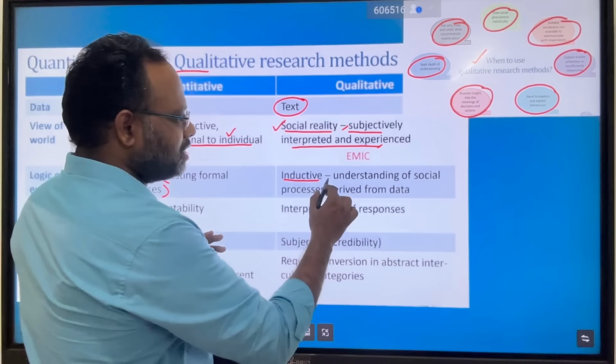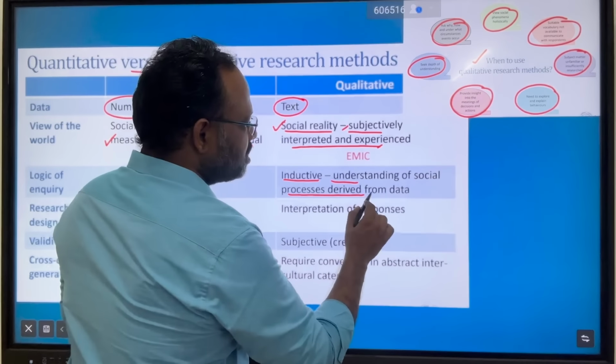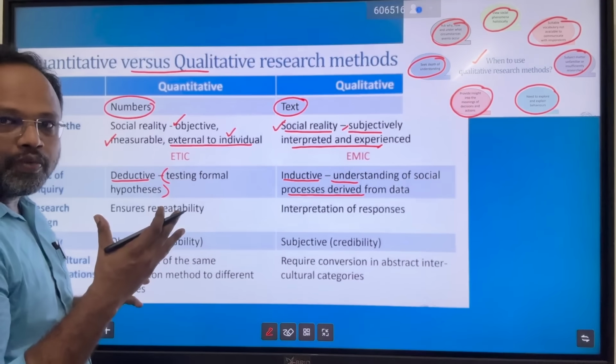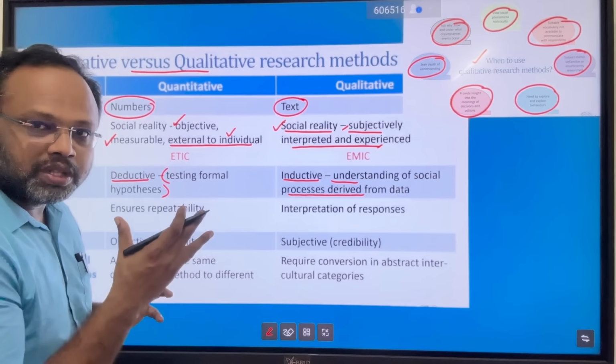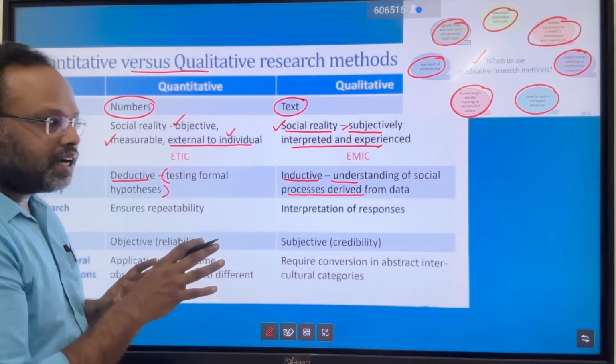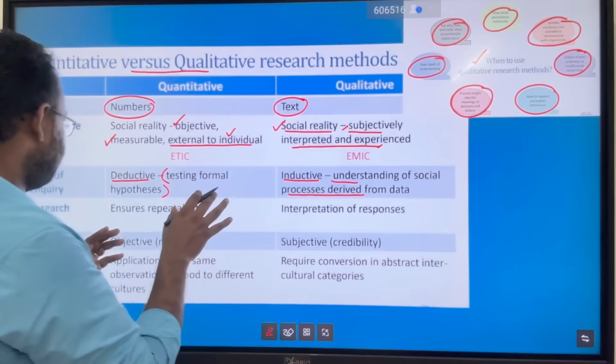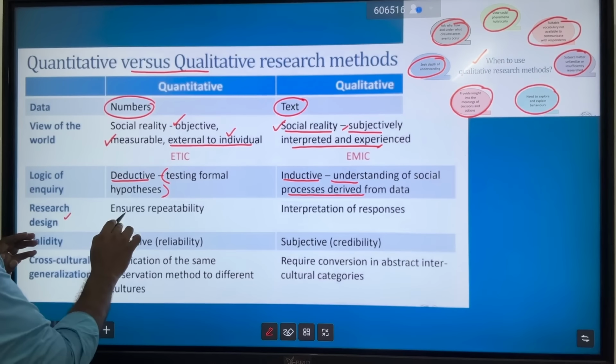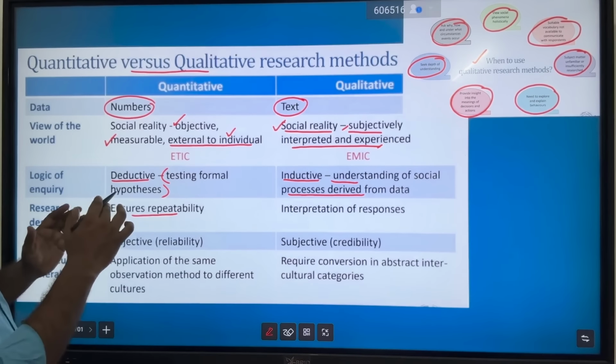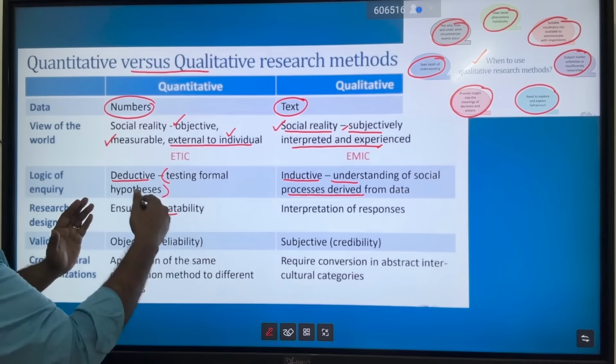We try to understand the social process which is derived from the data. Here the formulation of a hypothesis is not the main objective, but the understanding of the social processes is. Then in quantitative research the design ensures repeatability, that is, if you measure again and again, you will get the same results.